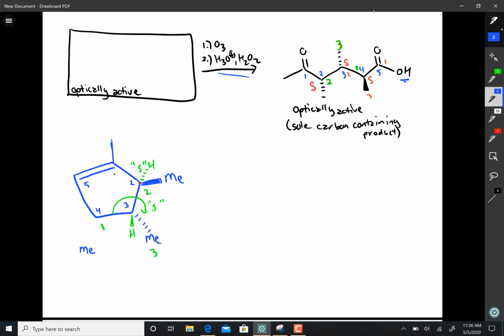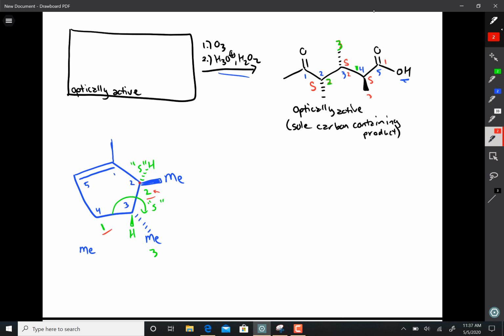Please note that if you were doing the priorities based off of what the structure of the starting material were, 1 and 2 would have been swapped. It's because technically the higher priority is that carbon on the starting material.